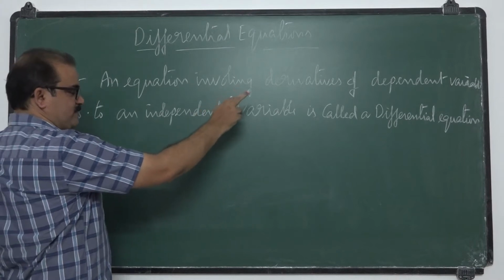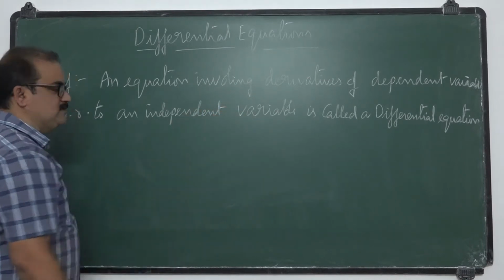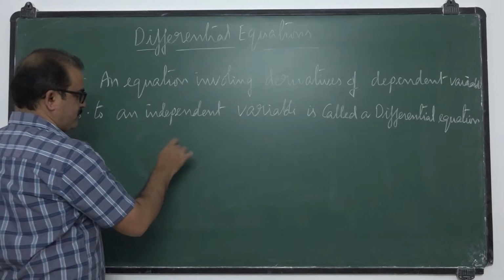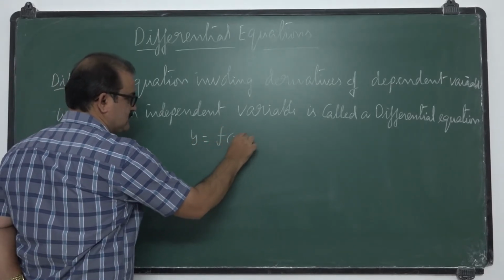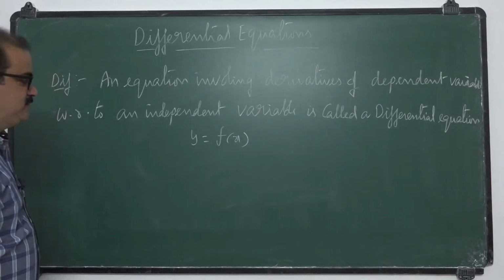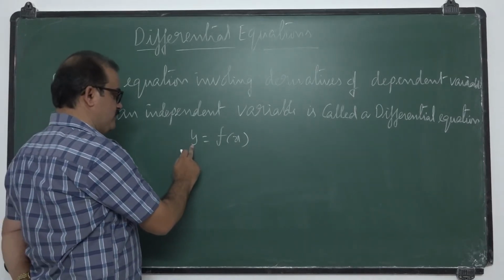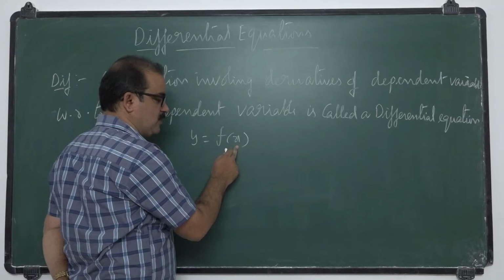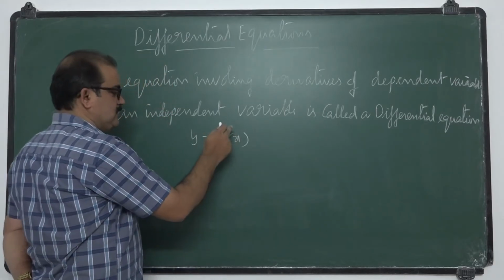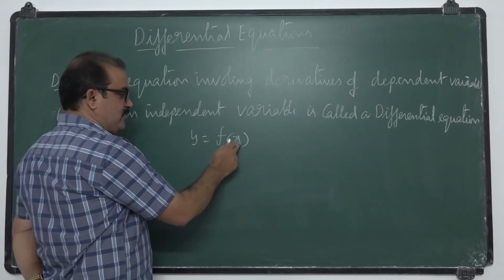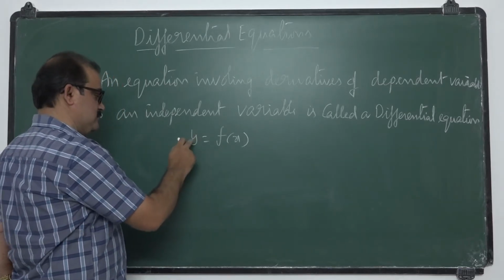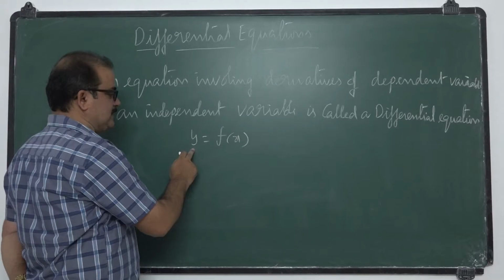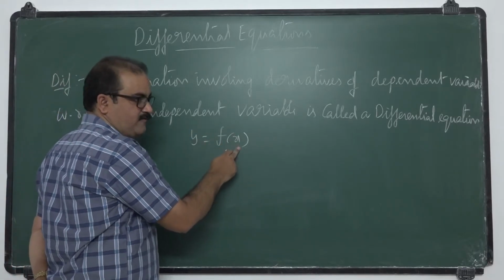Here, what is meant by dependent variable and what is meant by independent variable? Suppose y is equal to f of x is the given function. The value of y depends upon the value of x. If the x value changes, automatically the y value changes. Here, the y value is depending on the value of x.